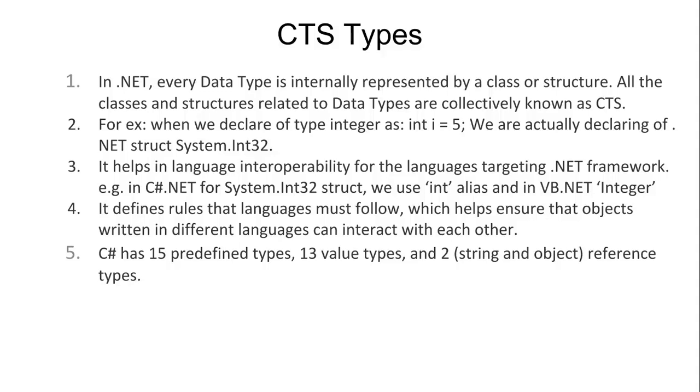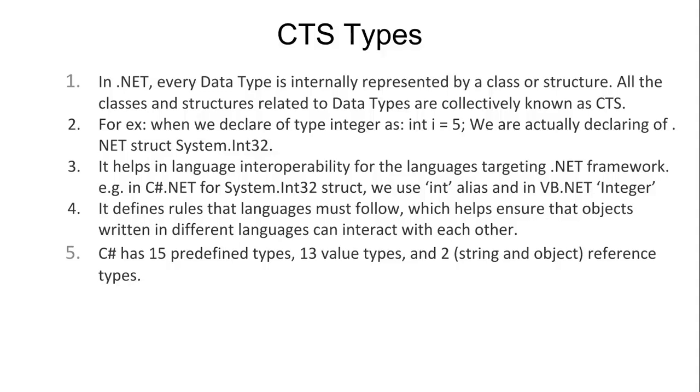In C#, system.int32 is represented as int, and in VB.NET, which is another language targeting the .NET framework, to represent system.int32 we write an alias called Integer, with capital I. So all of these types are actually either built-in classes or built-in structures.